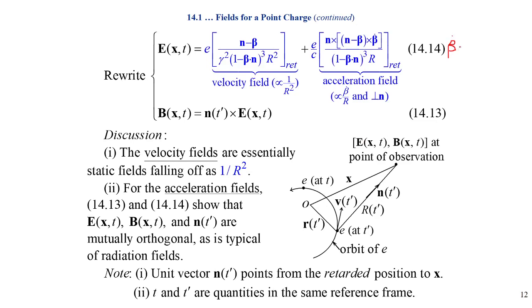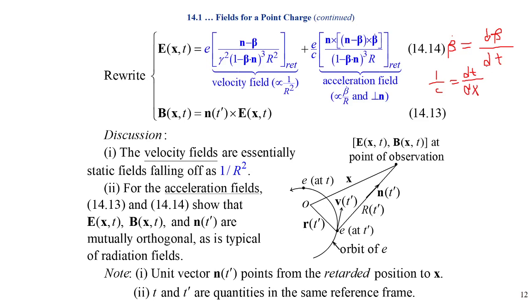Beta dot equals d beta dt. c is the speed of light, 1 over c equals dt over dx.